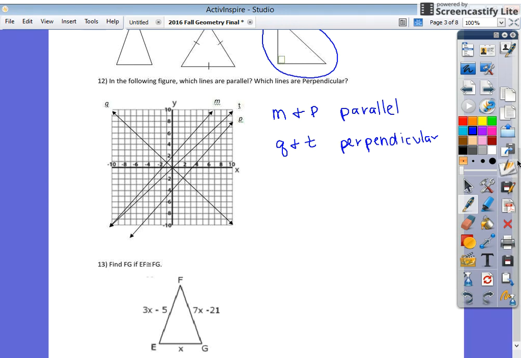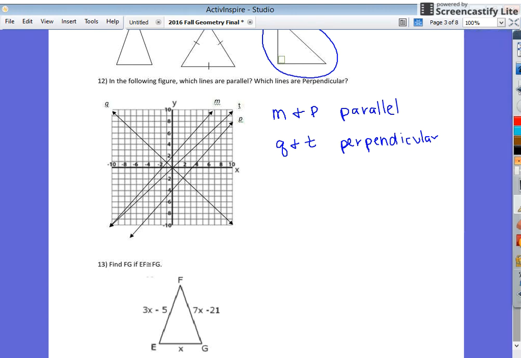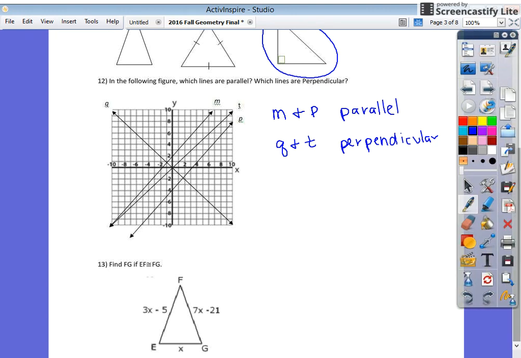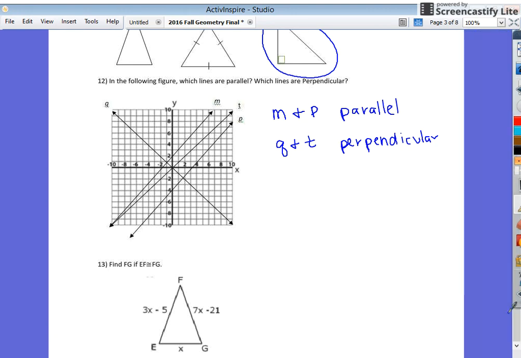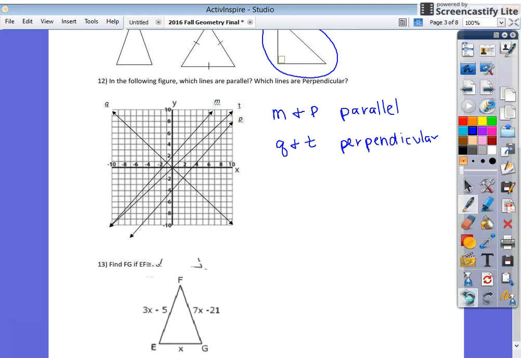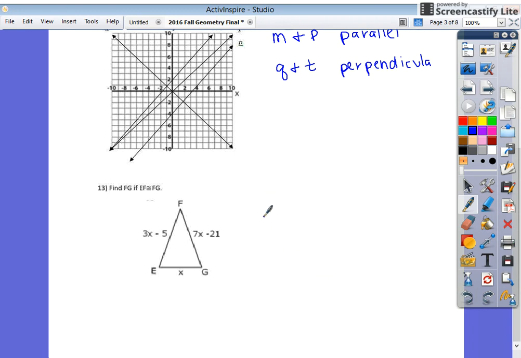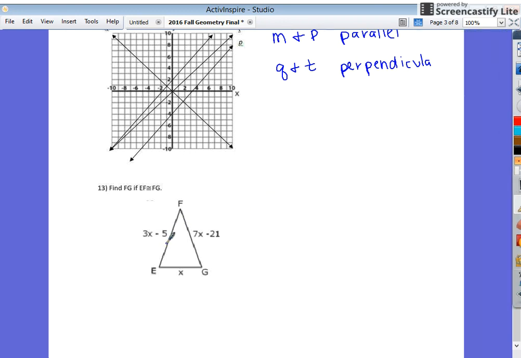On number 13, we are asked to find FG if EF is congruent to FG. Remember, your little equal sign with your squiggly is your congruent symbol. So if EF and FG are congruent to each other, we need to set equal to find our value of x.